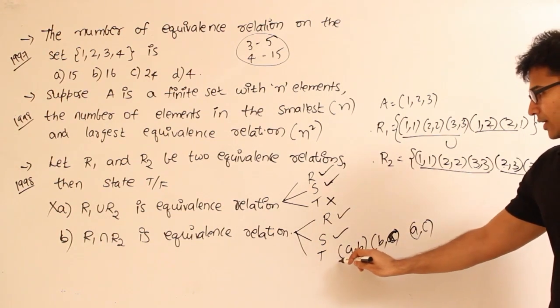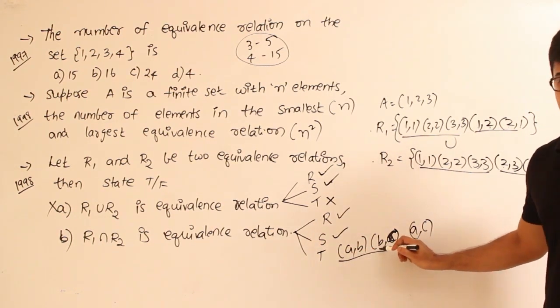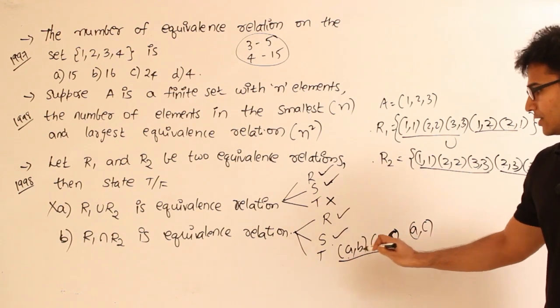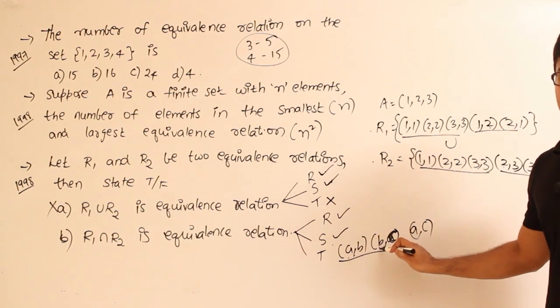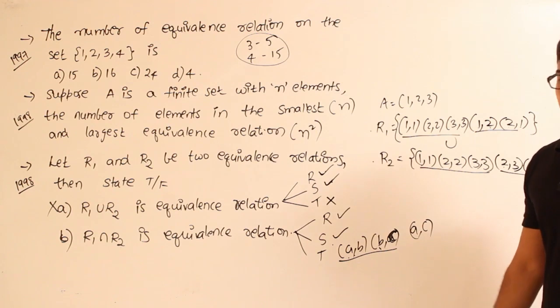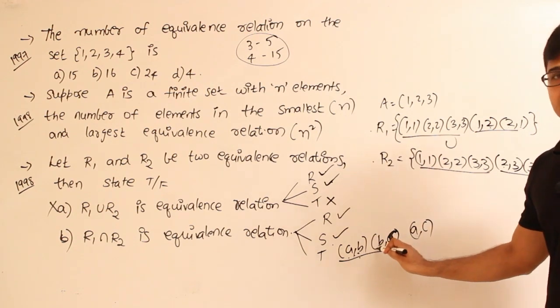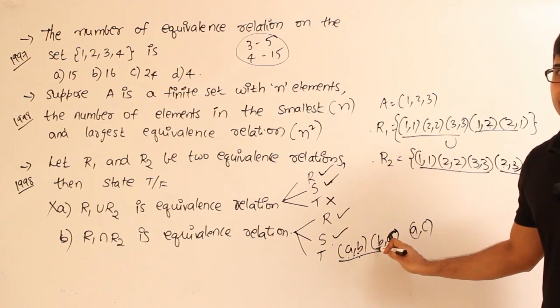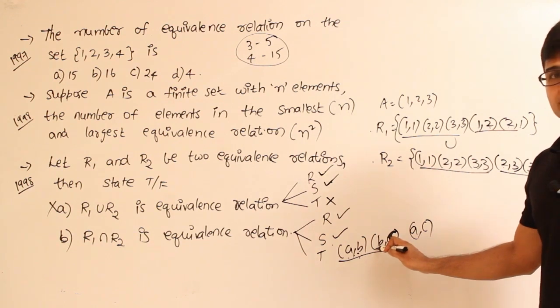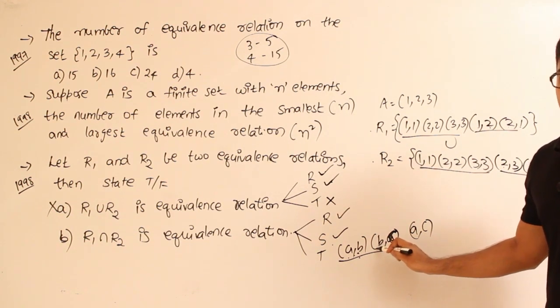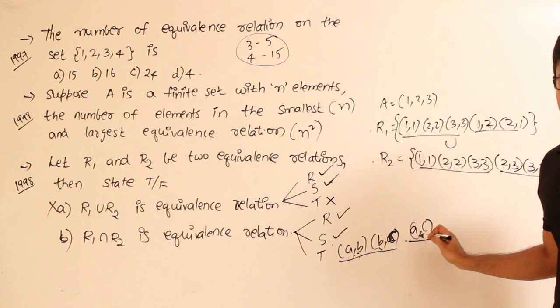But then if you are getting (a,b) and (b,c) in this intersection, definitely these two should be present in both R1 and R2. And when these two are present in R1, since R1 is already transitive, R1 will also contain (a,c).